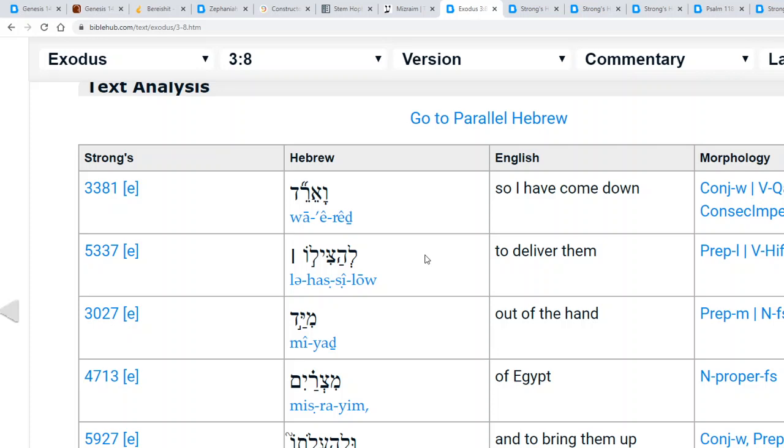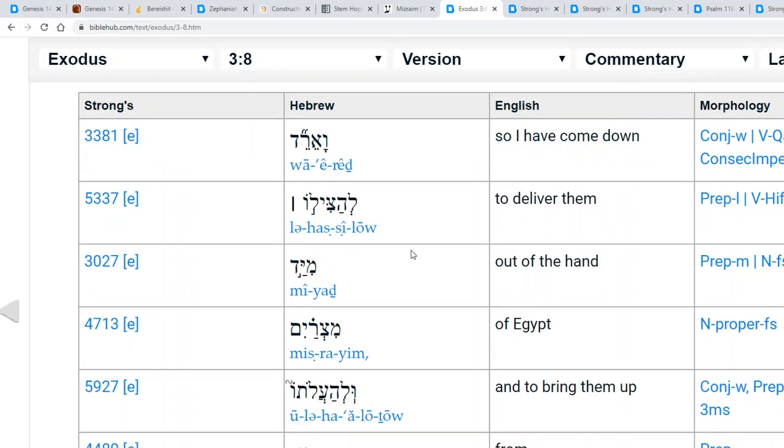It means to save someone. Lehatzilo, in the infinitive, to save him, to cause him to be saved. And the vav at the end is the third-person masculine singular, telling you to deliver him.